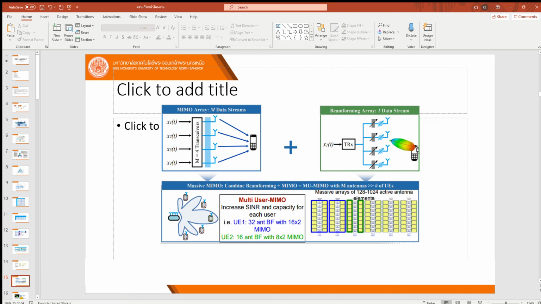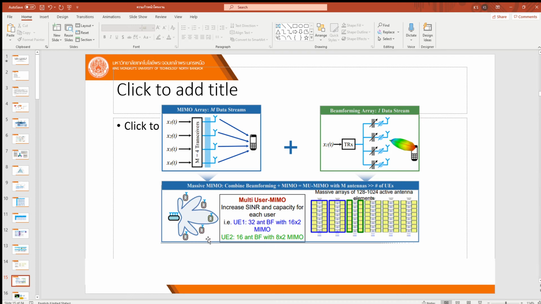If you imagine many devices talking to the base station at the same time, they will increase the interference if you don't have beamforming. But with beamforming, as you can see in the photo below, each device talks to its own beam, or beam steering. In that case, the devices will not interfere with each other.